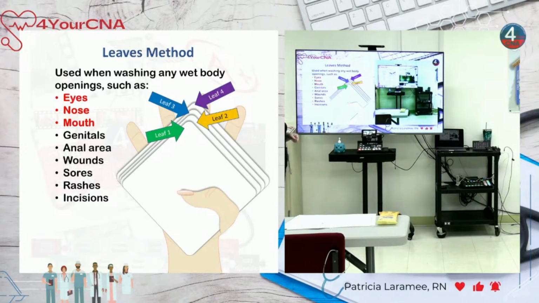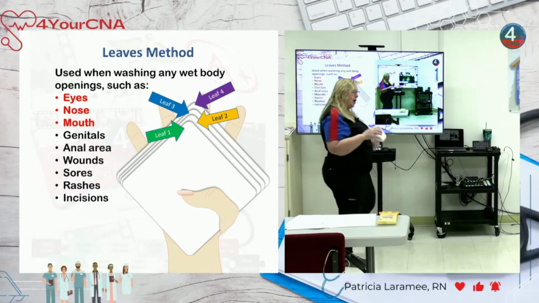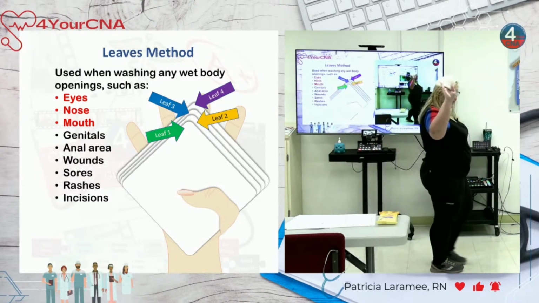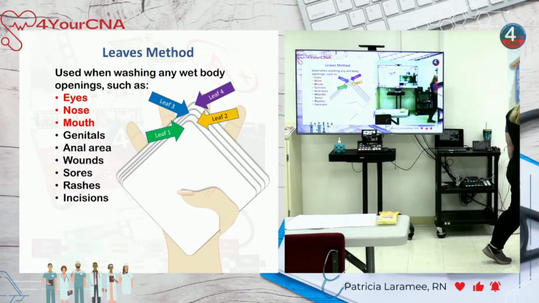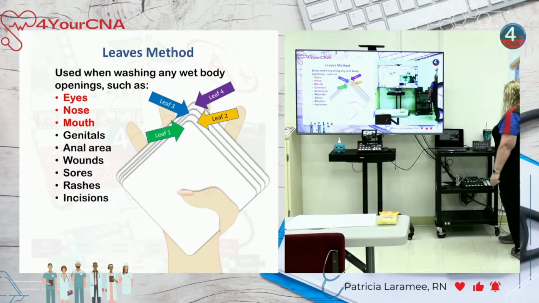The third leaf, I can wash the rest of the face and the mouth, fold that over, and I always do the nose last because boogers, and then wipe the nose. So I did that in a way that nothing that came out of one hole can be put into another. Good? Pretty cool, right? If you have small children at home, that will save you a tremendous amount of laundry and disposable wipes.